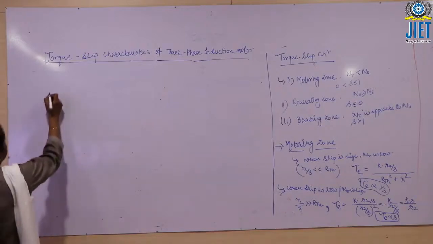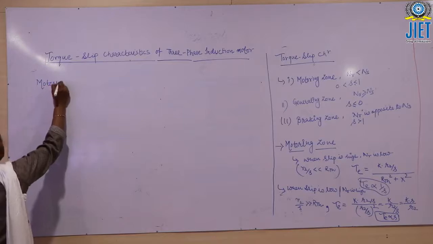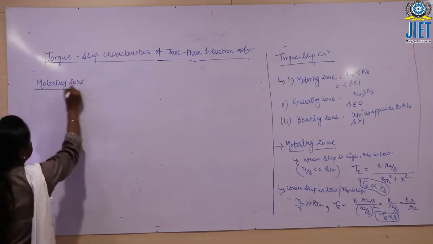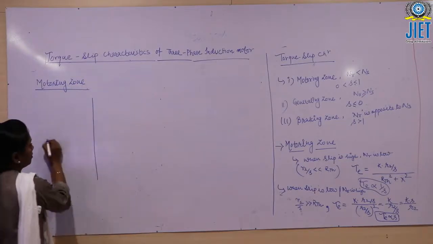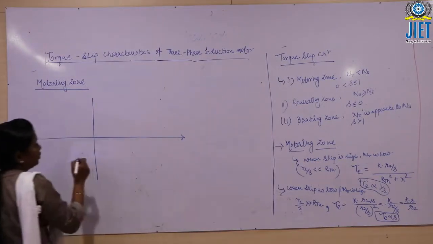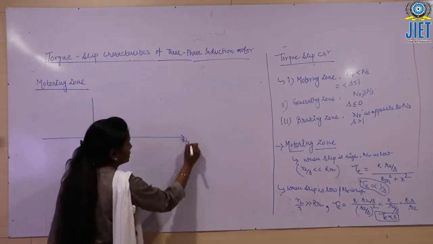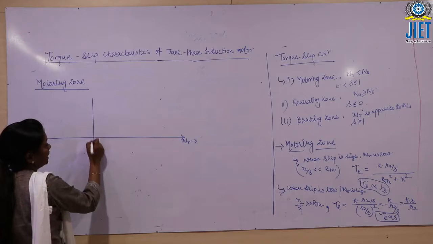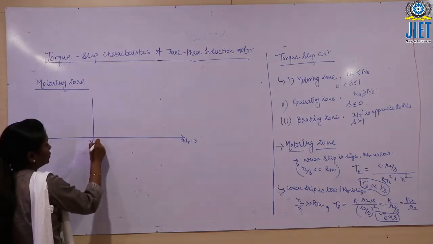Now this is the motoring zone. Basically, we are now focusing upon the motoring zone. On the x-axis, I am taking the rotational speed NR, and this is where NR is 0. This axis is NR equal to 0.